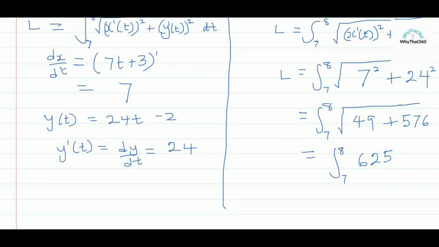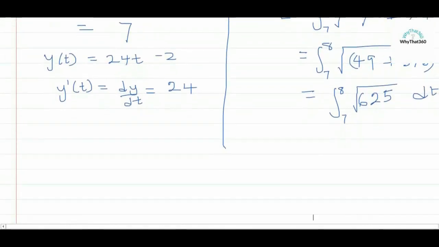So this will have a dt here, and a dt here. We have a square root sign over there. We will go ahead and work with the radical. So evaluating the radical gives us 25 dt.